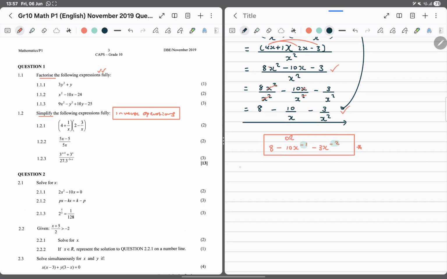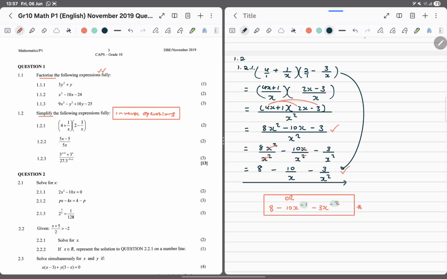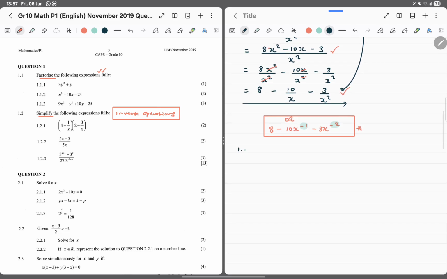So, what is the next one? This is 1.2, that was 1.2.1, 1.2.2. So we've got 5x minus 5 divided by 5x.